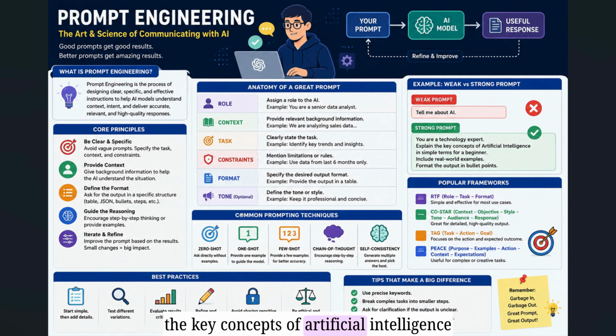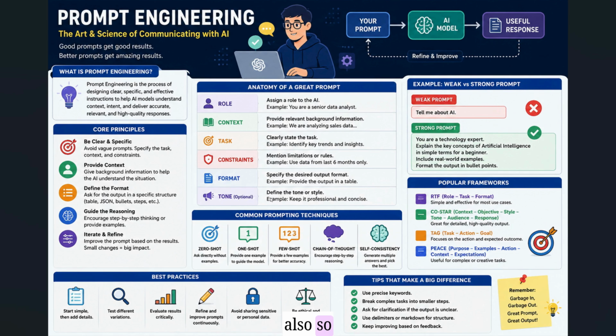Explain the key concepts of artificial intelligence. That is a concept. In simple terms for a beginner. That is the task. Include real world examples. That is the constraints. Format the output in bullet points. That is the format. Tone, again, depends on you.